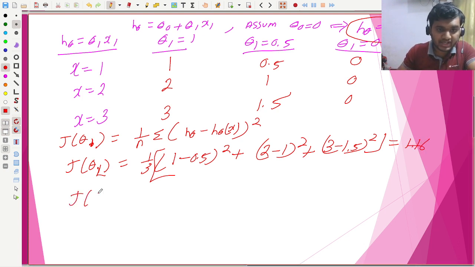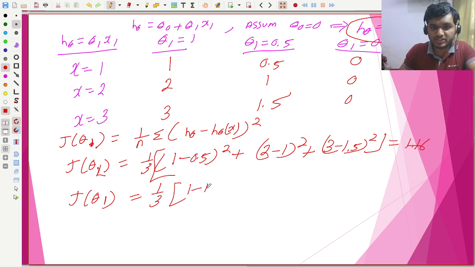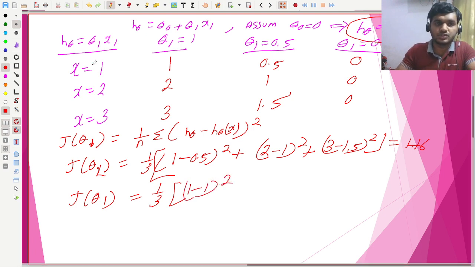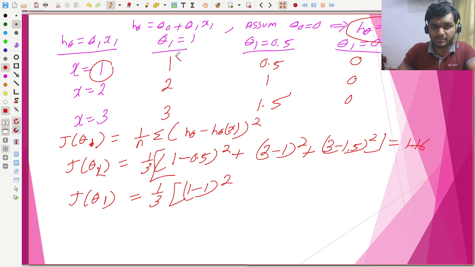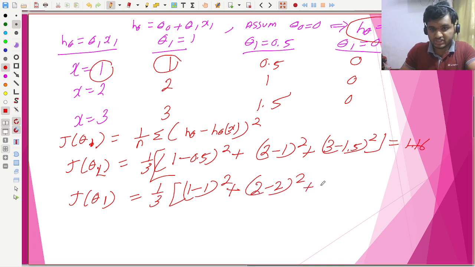If you calculate J of theta 1, that is 1 by 3, theta 1 equal to 1, so (1 minus 1) whole square. Actual value is 1, predicted value is 1. So (1 minus 1) whole square plus (2 minus 2) whole square plus (3 minus 3) whole square.